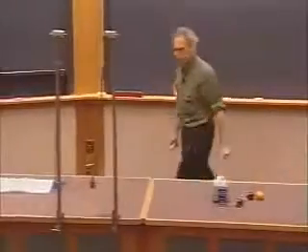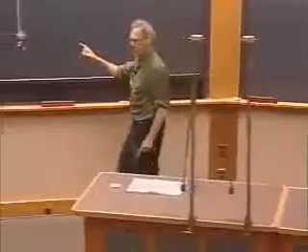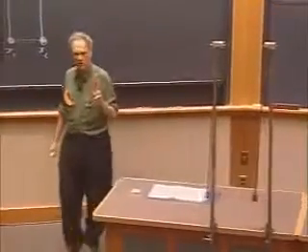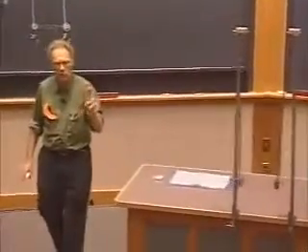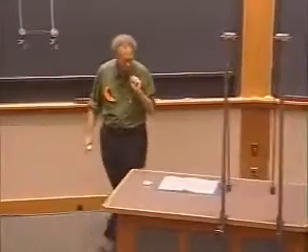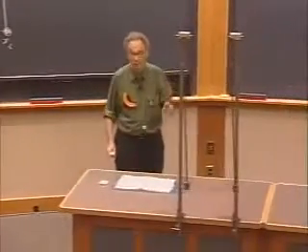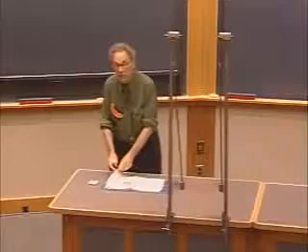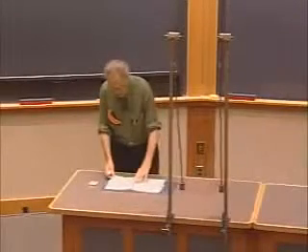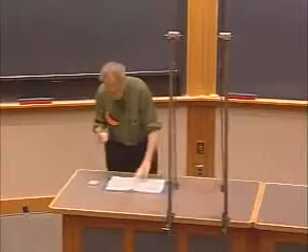What is by no means obvious, but I will show that to you, is that any motion, no matter how you start it off, is going to be the superposition of 2 normal mode solutions.